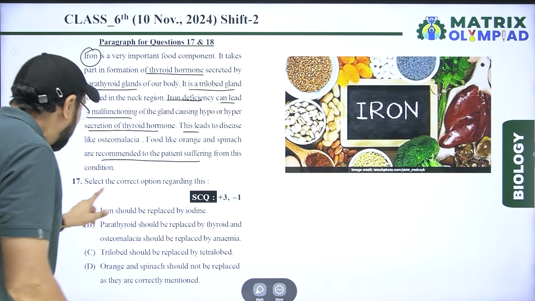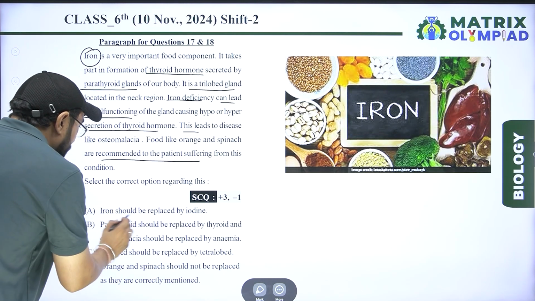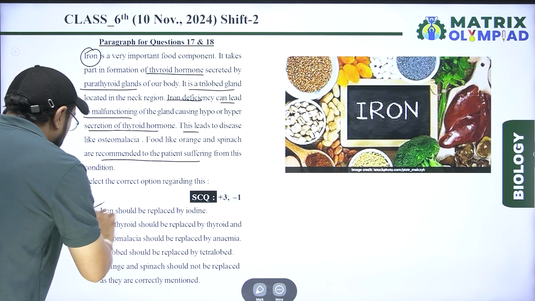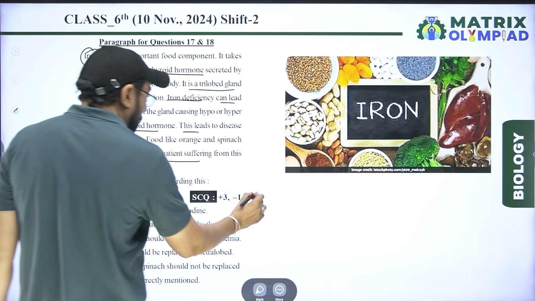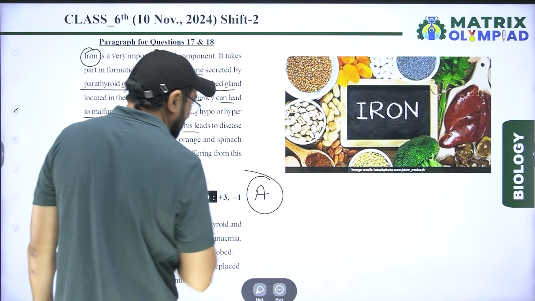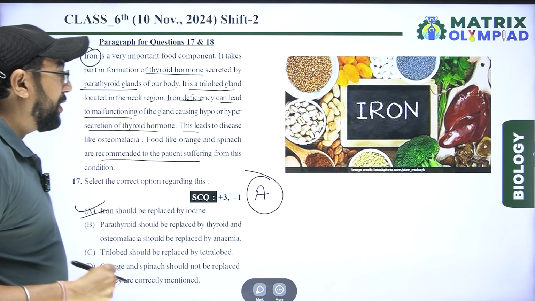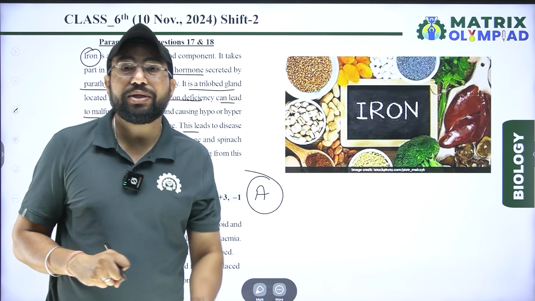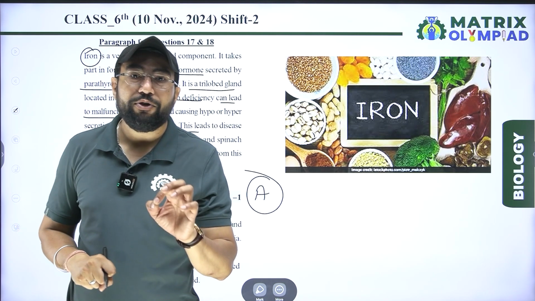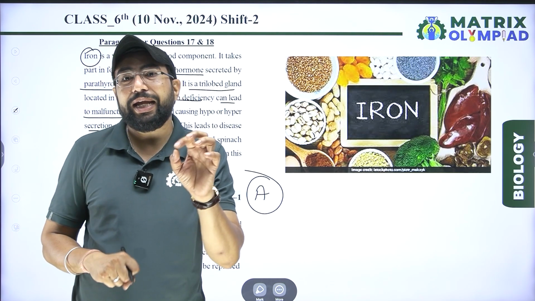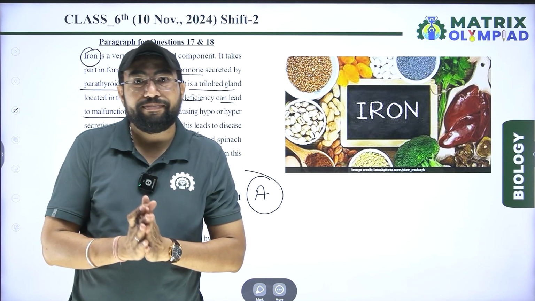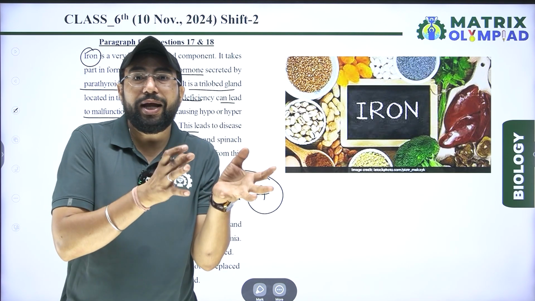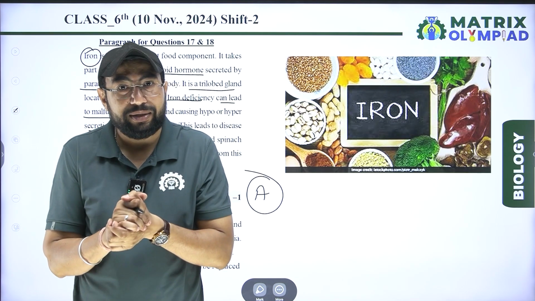So, option A is the correct answer for this question because iodine is responsible for tetra-iodo and tri-iodo hormones. These are secreted by the thyroid gland.